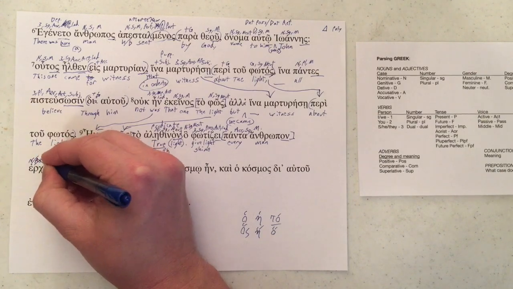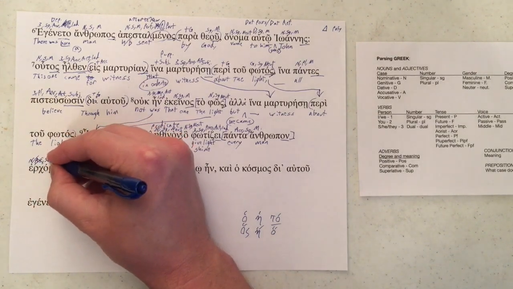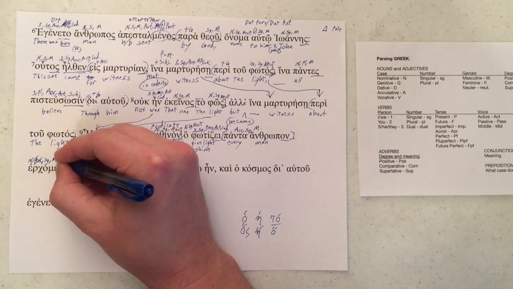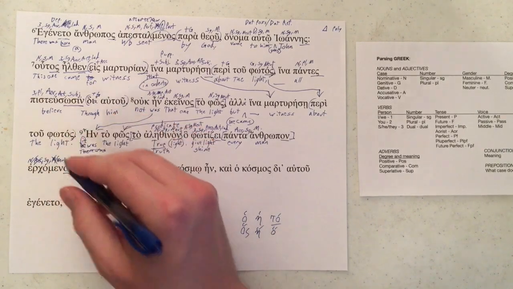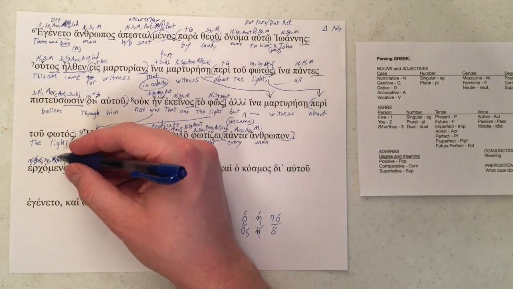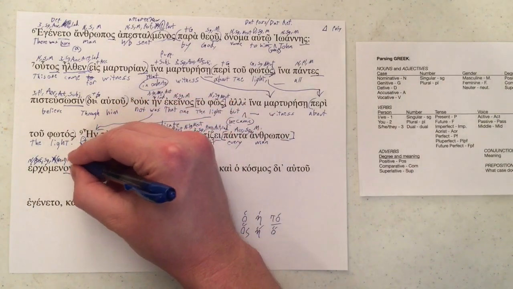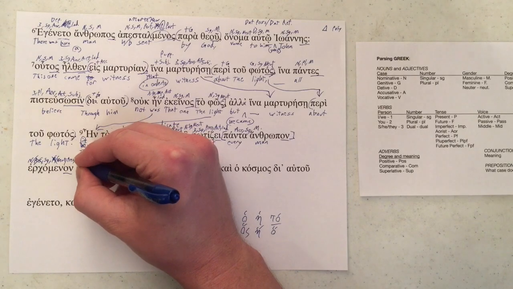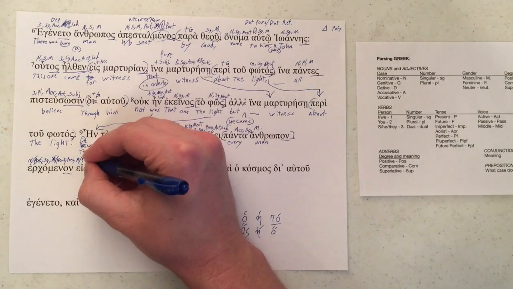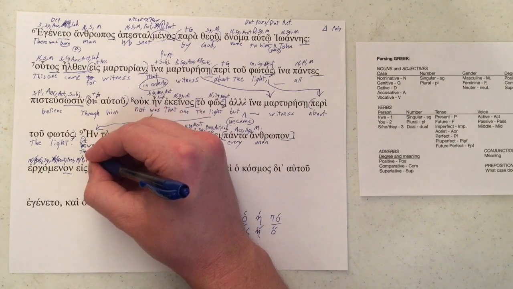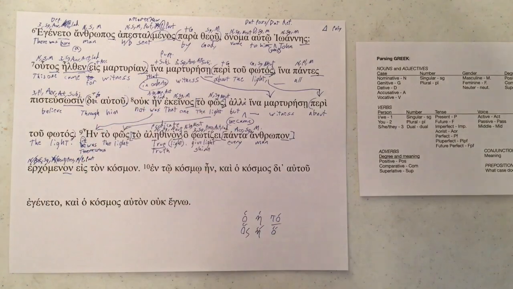We're going to cross out accusative as less likely. Singular, it's going to be masculine or neuter. Masculine doesn't make sense. And then the tense of this participle is present, and it's going to be middle or passive. It's going to be, of course, participle.